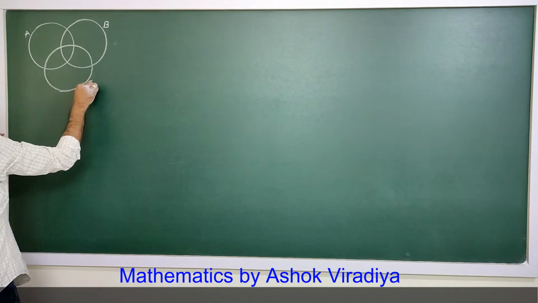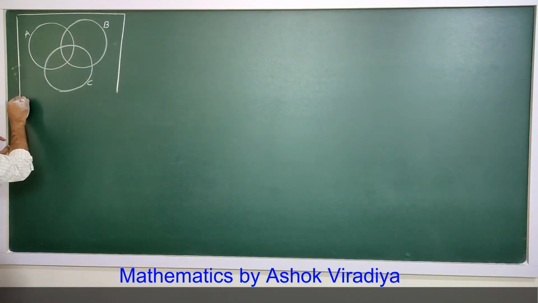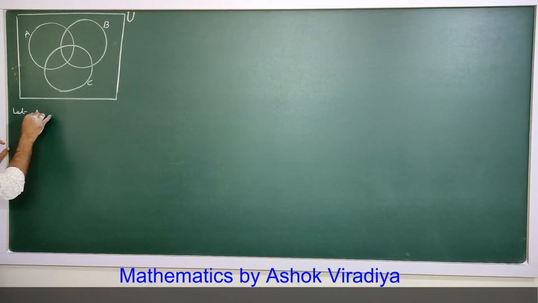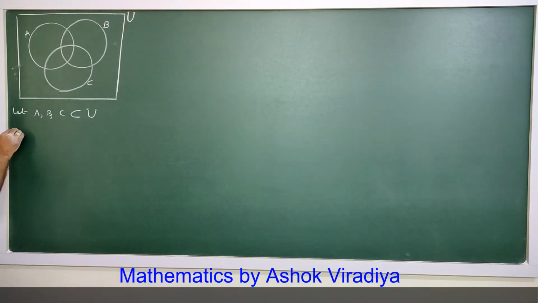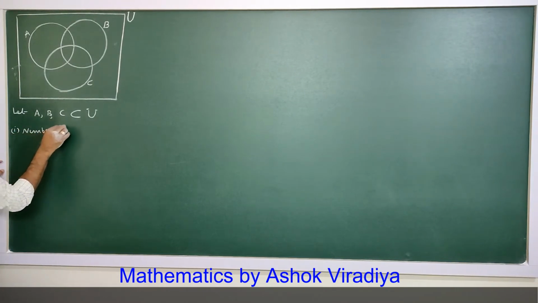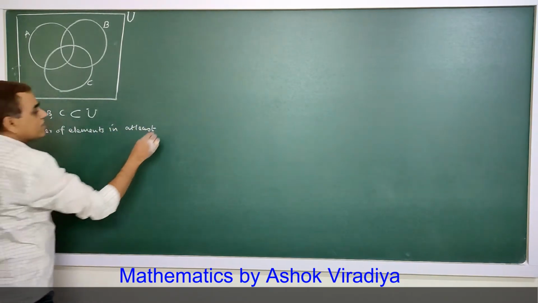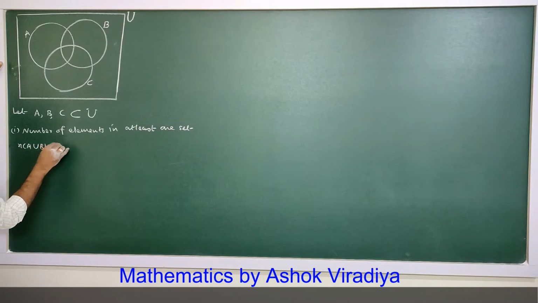These are subsets of a universal set U. This is the universal set U. So our discussion is for 3 subsets of the universal set U. Now the number of elements in at least one set is the number of elements in A union B union C. Whenever you are given at least one set, calculate the number of elements in A union B union C.